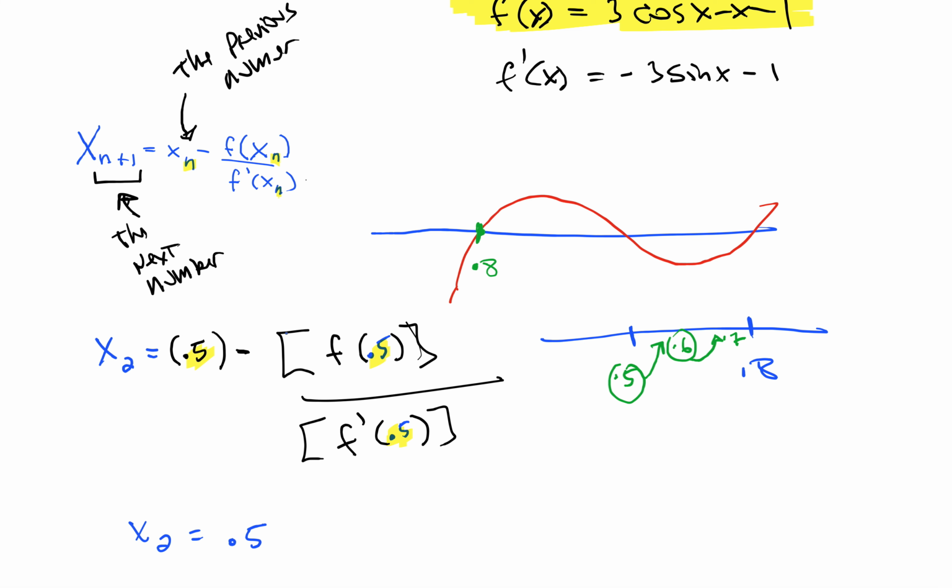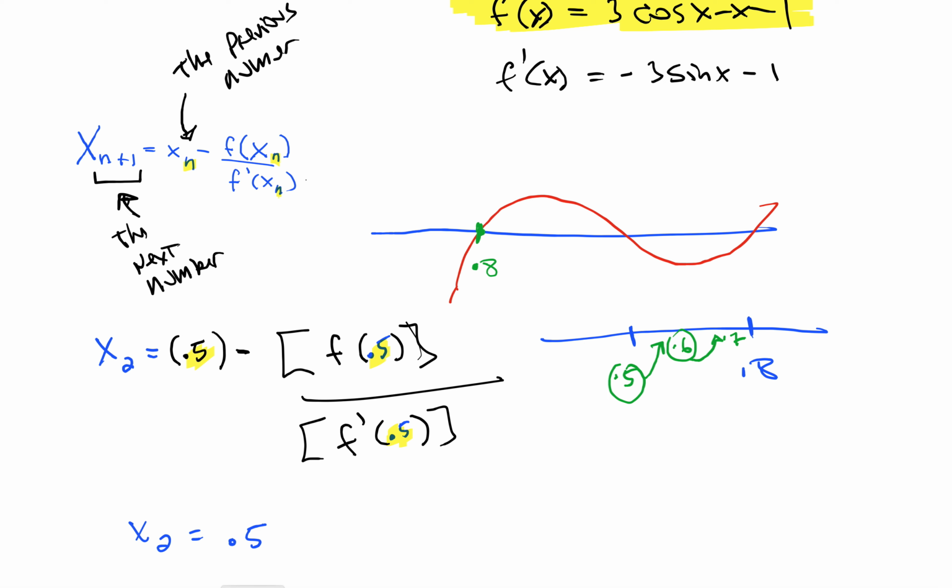And if you think about it, this is some sort of number divided by some sort of number. It's probably some sort of decimal. It's an increment away from 0.5. This isn't going to be like 10,000. It's going to be some small decimal number, somewhere between 0 and 1.